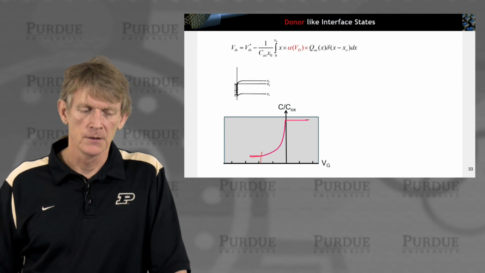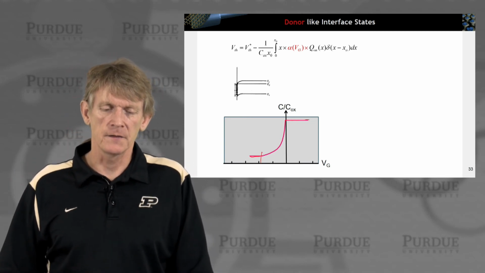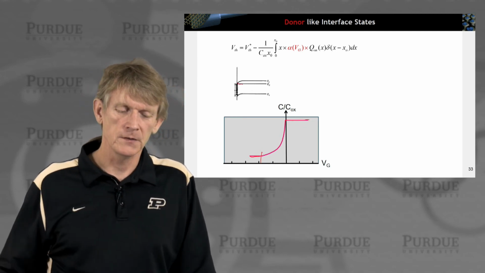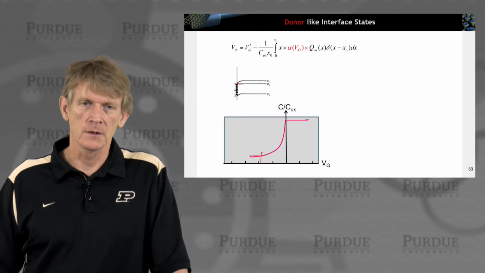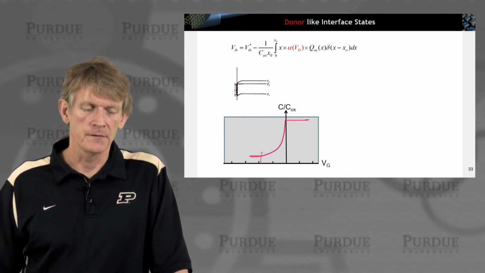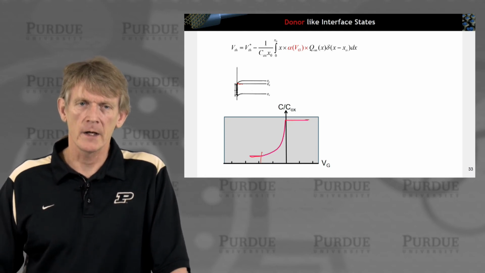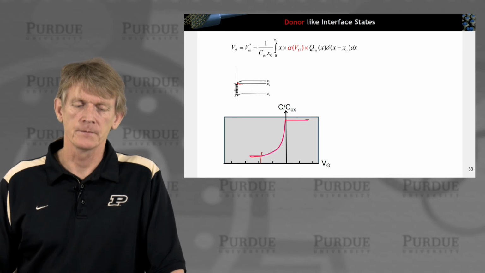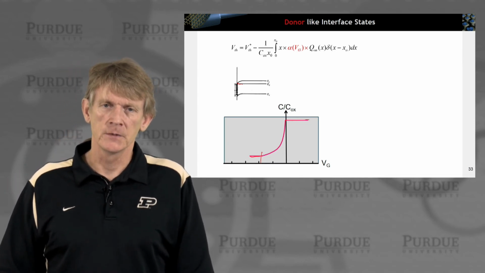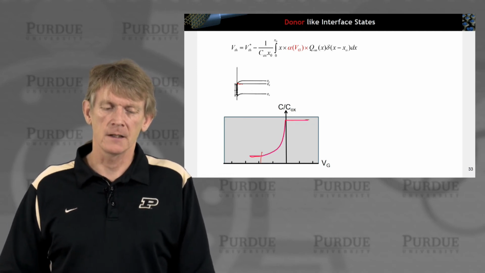Okay? So now if you have donor-like interface states and you have the Fermi level here, what did we say? Well, they are donors. They would like to give an electron, but if the Fermi level is above, then they haven't given away an electron, so they are full. Okay? So there's really no threshold shift in that case, in this kind of bias condition right now.